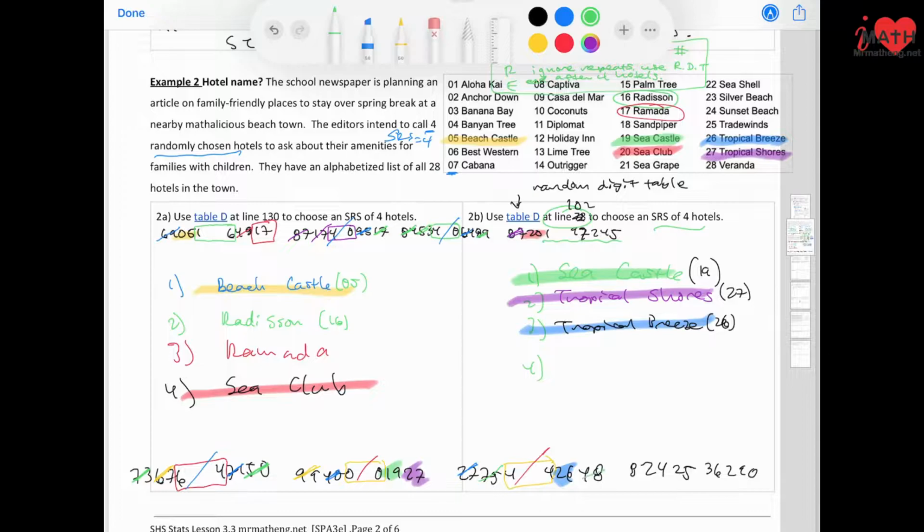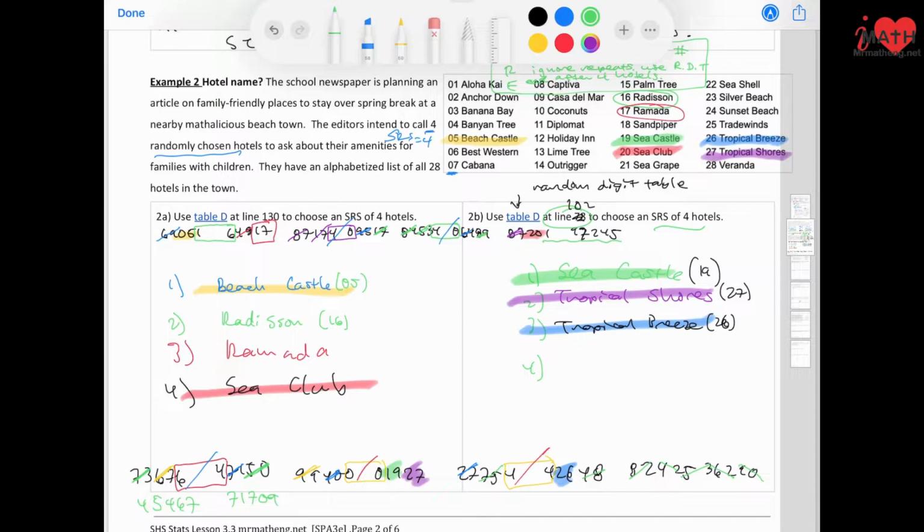Okay, 48 too big. 82 too big. 42 too big. 53 too big. 62 and 90. Okay, if you run into that situation, you can just go to the next line, maybe line 103. So those numbers are 4, 5, 4, 6, 7, 7, 1, 7, 0, 9.